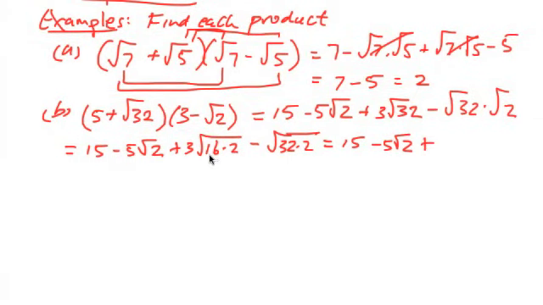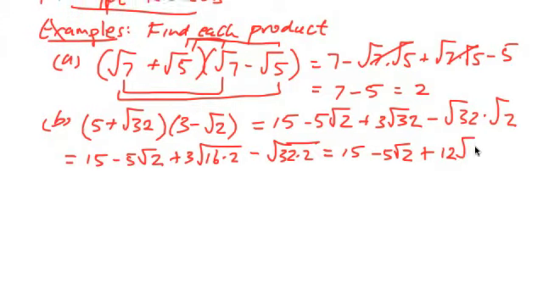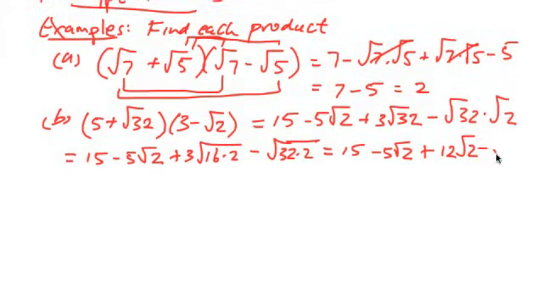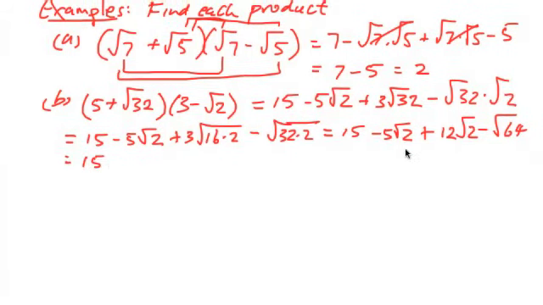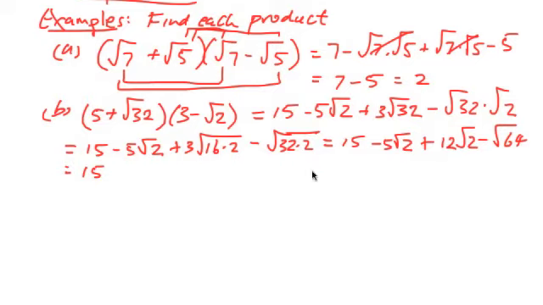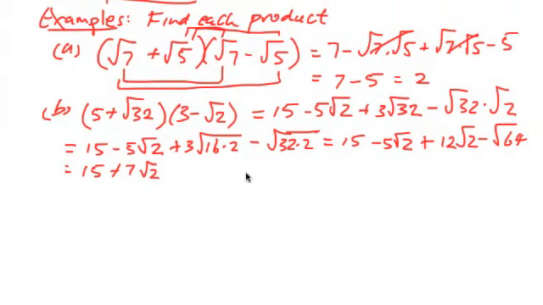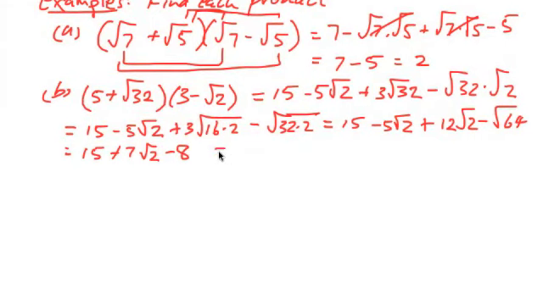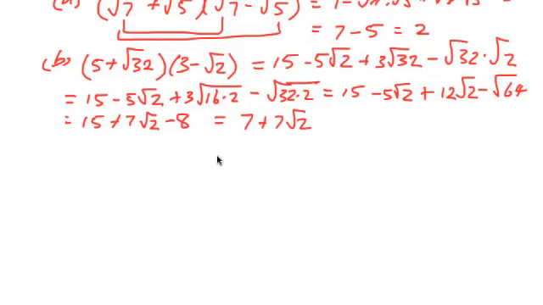Now a square root of 16 is going to be 4, 4 3s are 12, square root 2, and this will be minus the square root of 64. So this will be 15. Now let's have a look here. Negative 5 root 2 plus 12 root 2 is 7 root 2. And the square root of 64 is 8, minus 8. So I end up with 7 plus 7 square root 2.